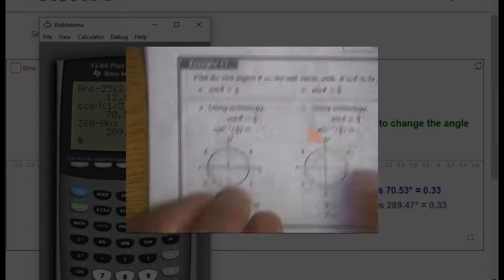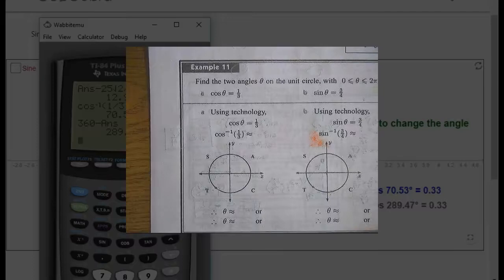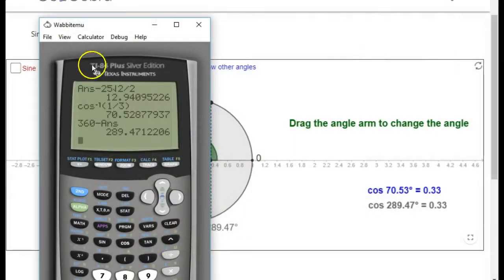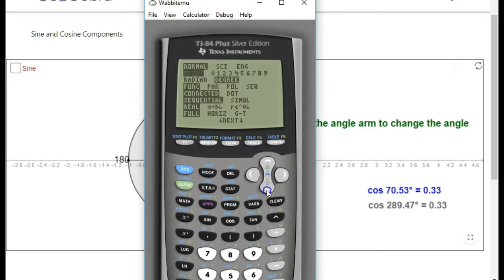If I was doing this on my calculator, let's open up a calculator again. Now switch over to rads. So go mode, radians.